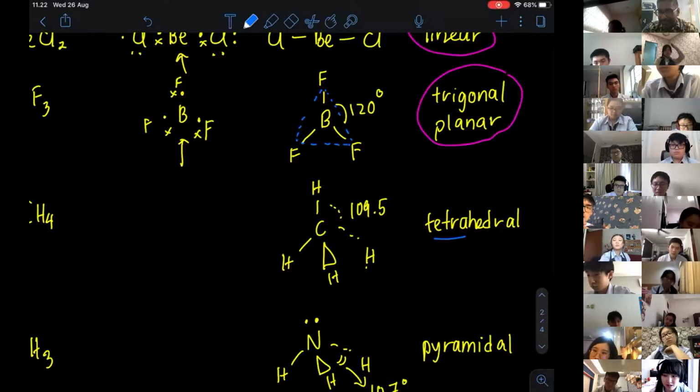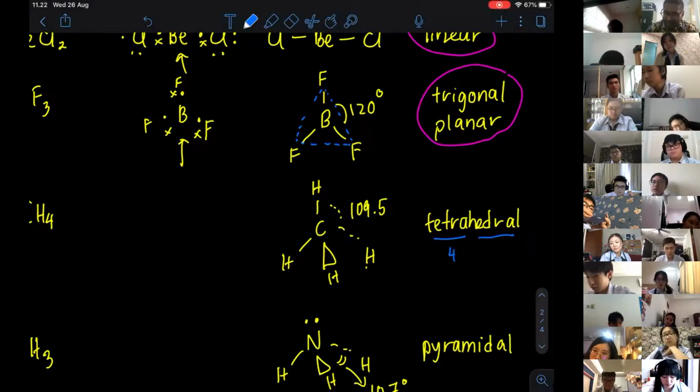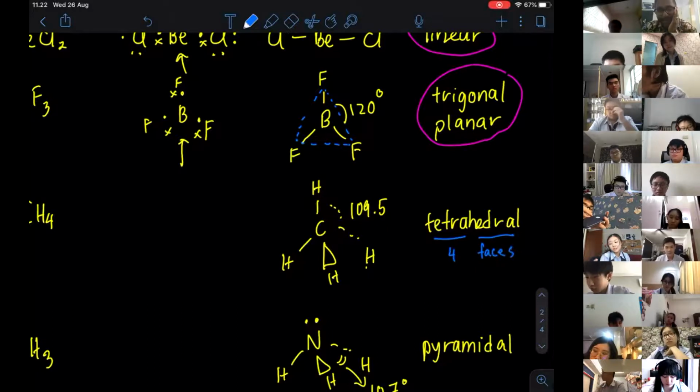Is it 4? Yeah, tetra is 4. Why, and what is hedral? Anyone knows about hedral? Maxwell? Hedral means faces. So 4 faces. Why 4 faces?